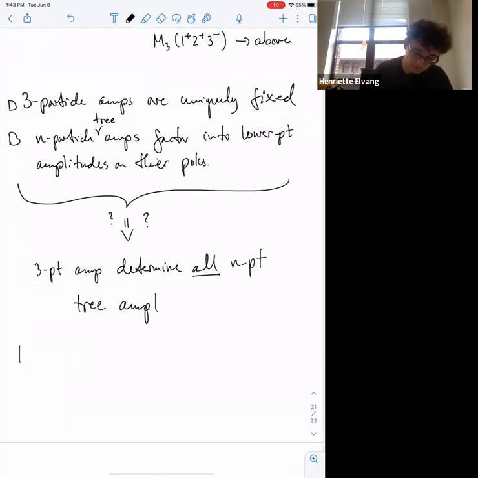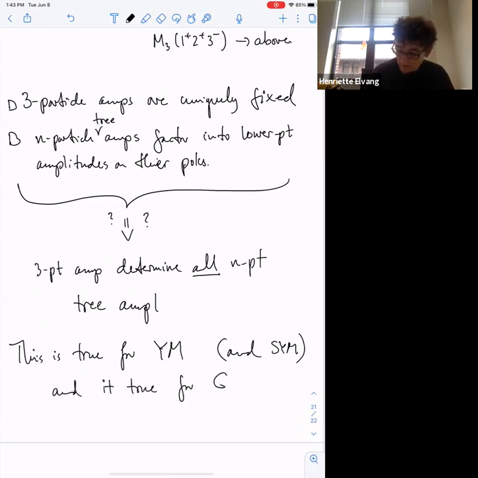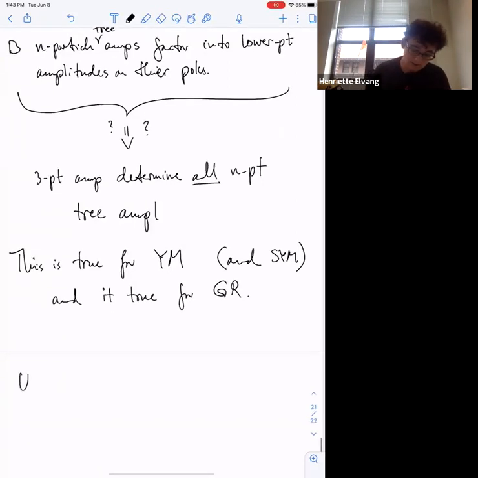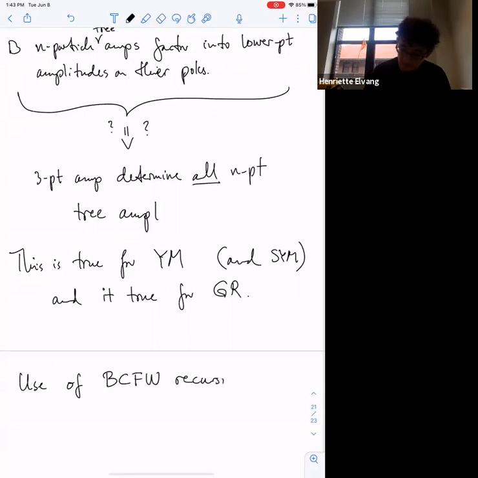A case where this is true is Yang-Mills theory, also super Yang-Mills, and it is true for gravitational amplitudes too. The way you can prove this goes beyond what I'll show you in lecture, but it is true by use of what is known as BCFW recursion relations. I'll give you a reference to those and how recursion relations in general work for amplitudes in the modern versions. I'll give references on the wiki page so you can see.